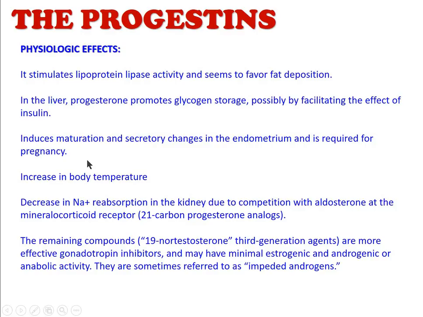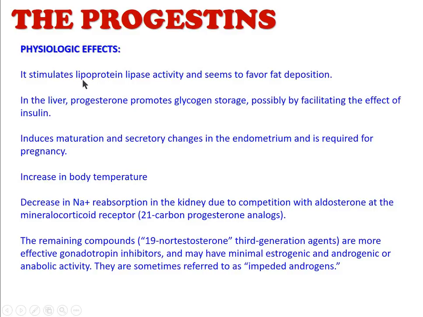What are the physiological effects? I think these are self-explanatory. So basically, what is progesterone doing? It is high when pregnancy occurs. It induces maturation and secretory changes in the endometrium that are required for pregnancy. And these are all possible effects that could be beneficial in pregnancy. So make sure that you understand what it does.